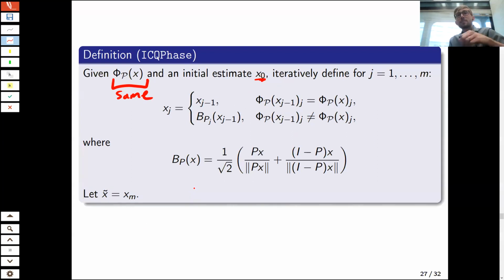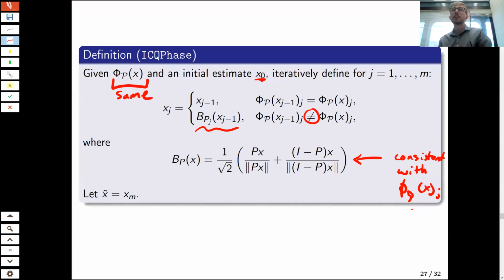On the other hand, if it doesn't match, then we do some update. And here's the update. I'll talk more about what this is doing, but it gives us some unit vector that is consistent. The whole idea is that if it wasn't consistent, we update it to become consistent with that jth one-bit measurement of x.